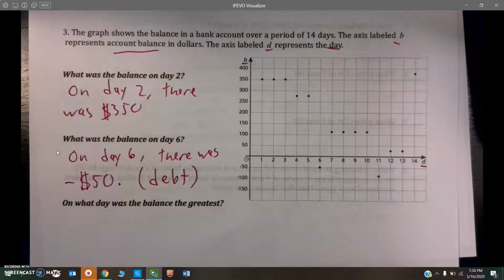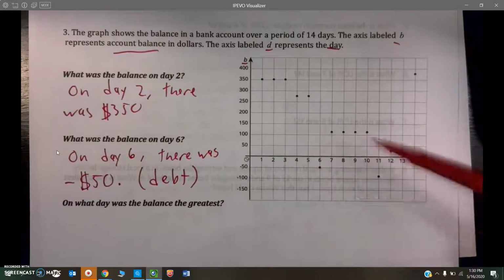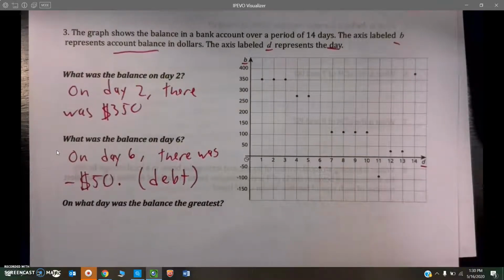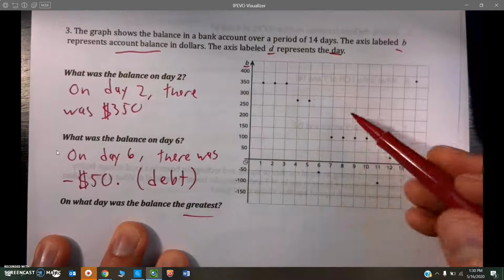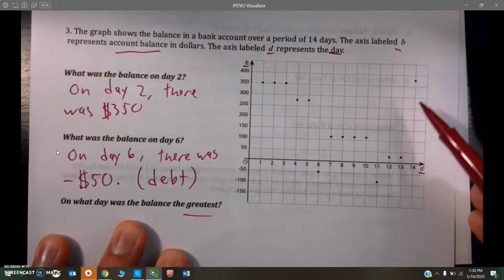So on what day was the balance the greatest? So I can already automatically ignore the negatives because negatives are small. That's debt. So that's definitely not going to be the greatest. And I'm looking, and it looks like this point is the highest. And that's on day 14.